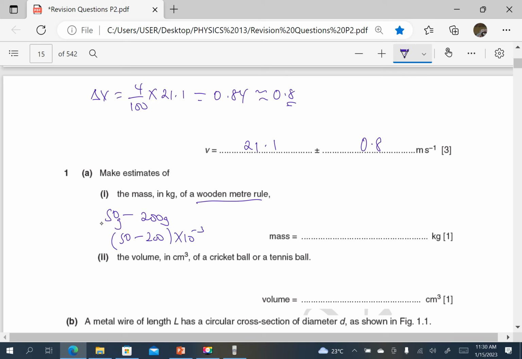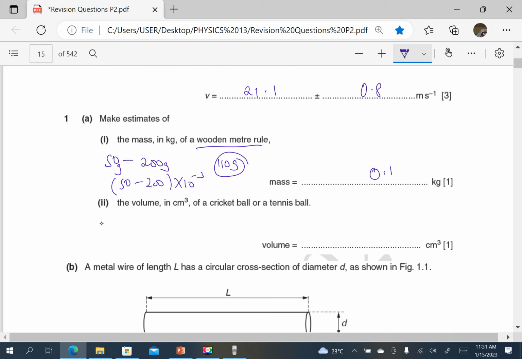But me, I will take the normal mass in the laboratory as 110 grams, which is 0.11. But since I want a small number of significant figures, this is going to be 0.1 kilograms, that is 100 grams. That is the mass of a meter ruler. Then the volume in centimeters cubed of a cricket ball.